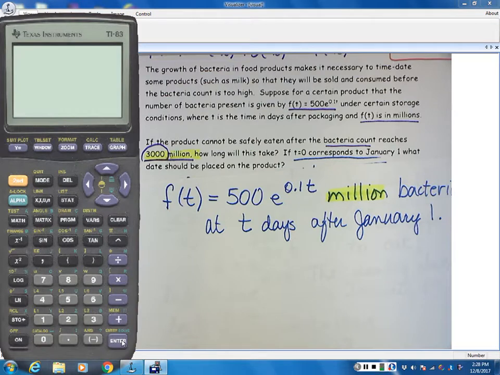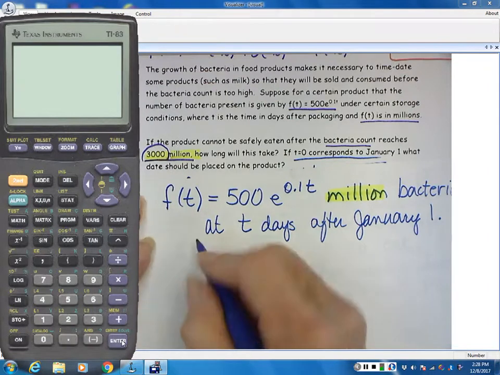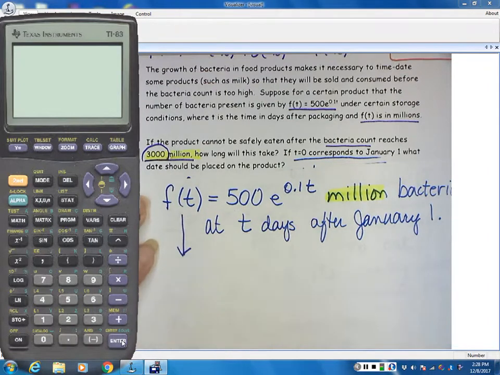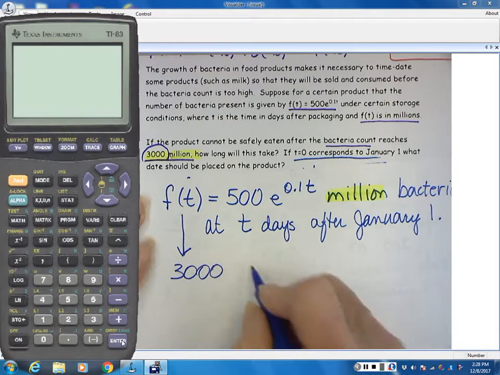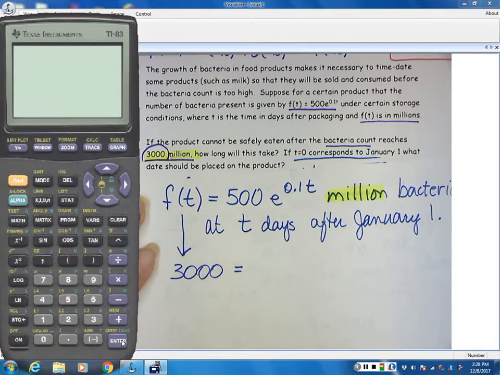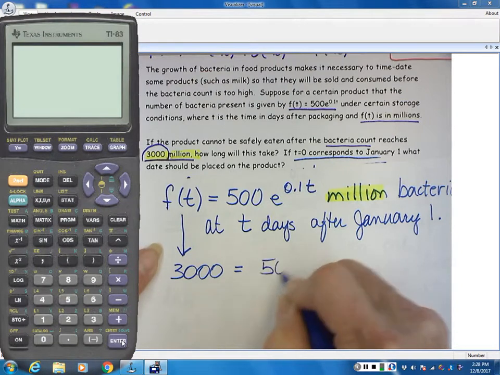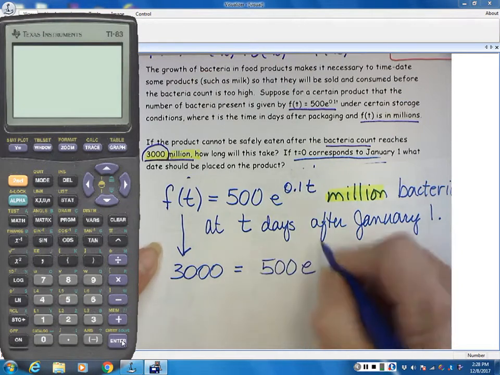You just use 3,000 because it's 3,000 million. So we're going to let f of t be 3,000 million, which means f of t's actual numerical value then is 3,000. 3,000 equals 500 e to the 0.1 t.